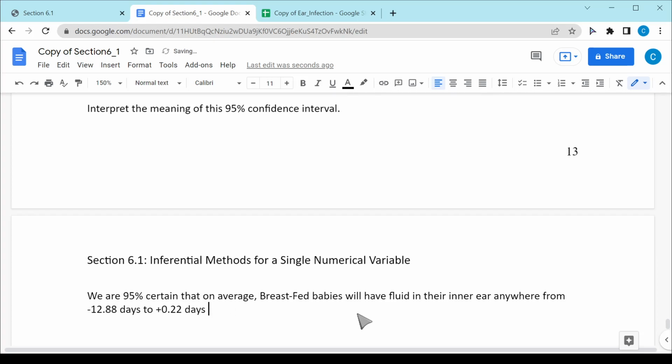Let's be careful here. We're 95% certain on average babies will have fluid in their inner ear anywhere from negative to positive days compared to bottle-fed babies.